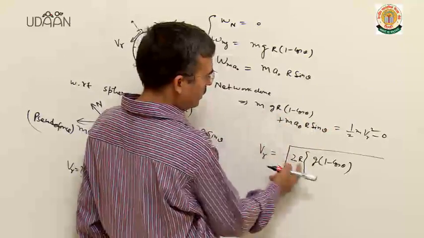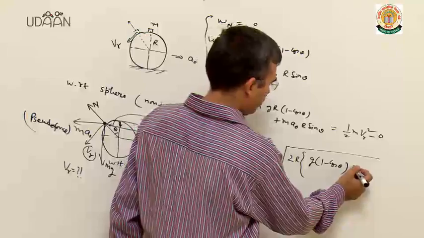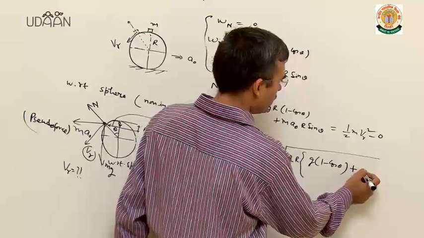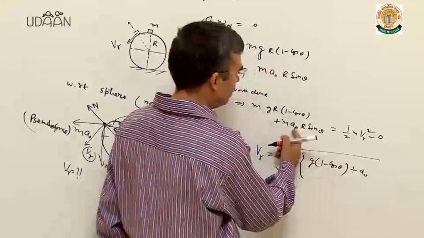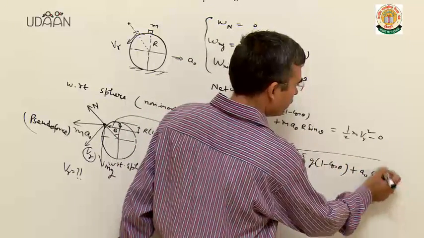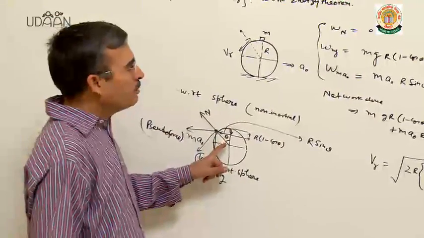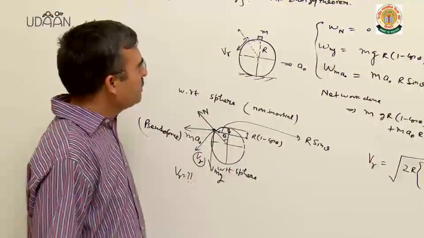M is cancelled, r is common. That is the speed of the block at position theta with respect to sphere.